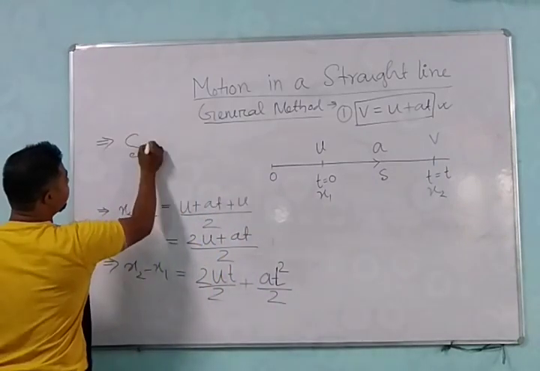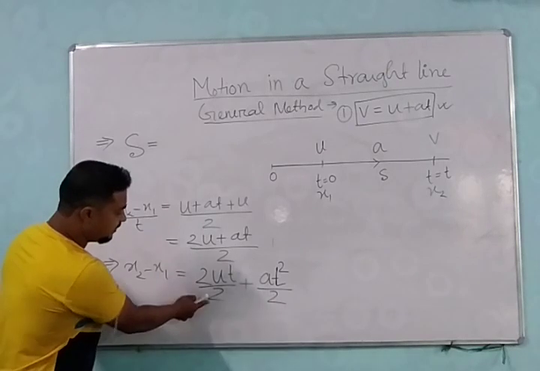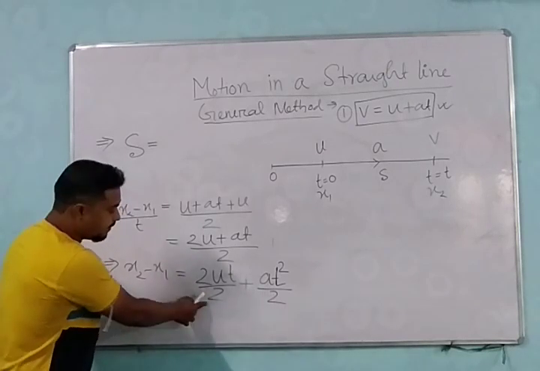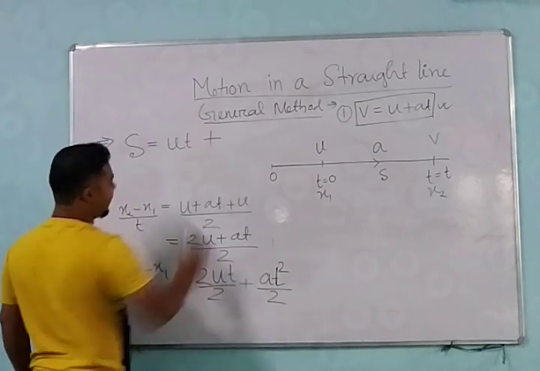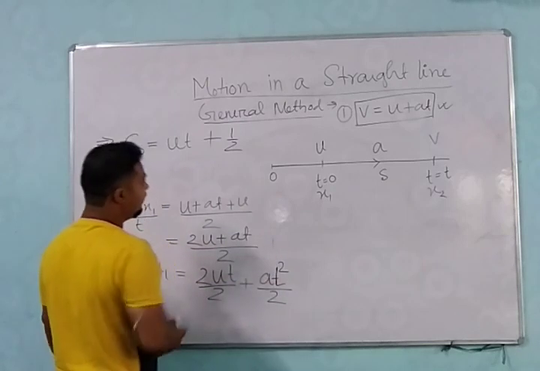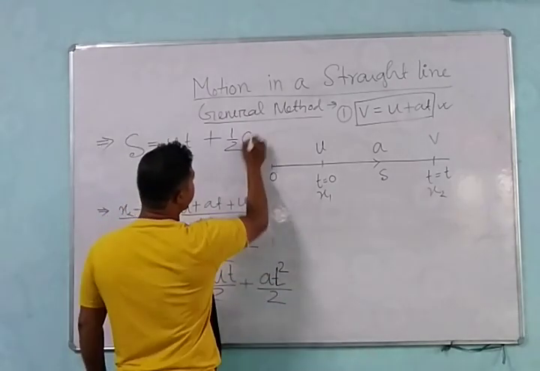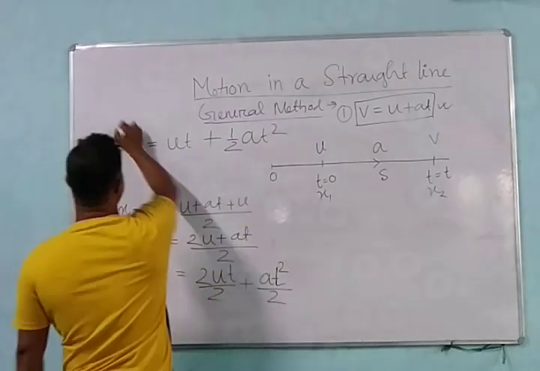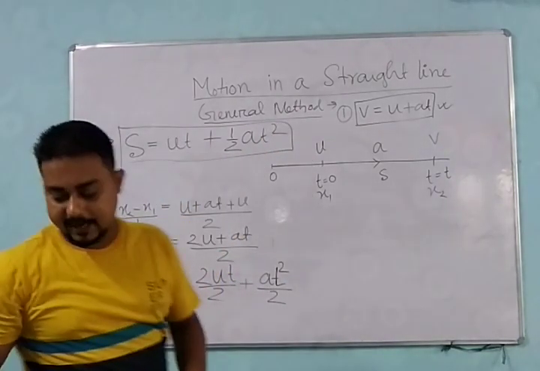That has to be equal to how much? The 2 will cancel out, then it will be u into t plus, as you know, half of a t square, half a t square. So it is the second equation.